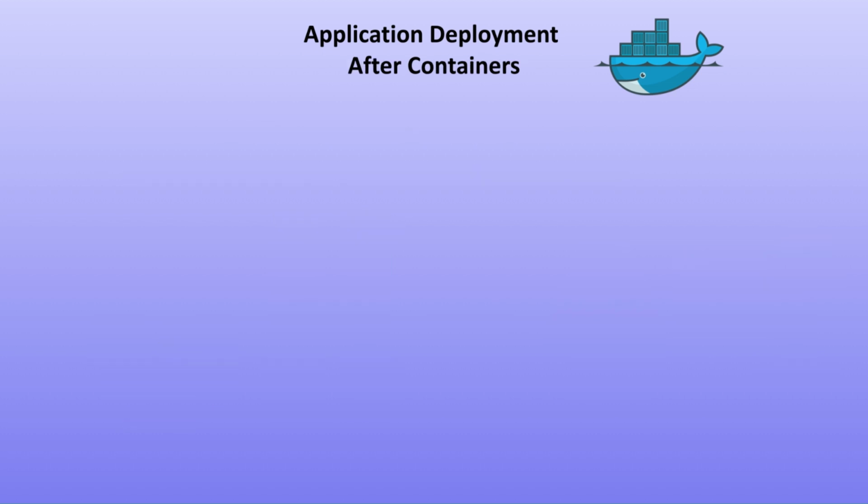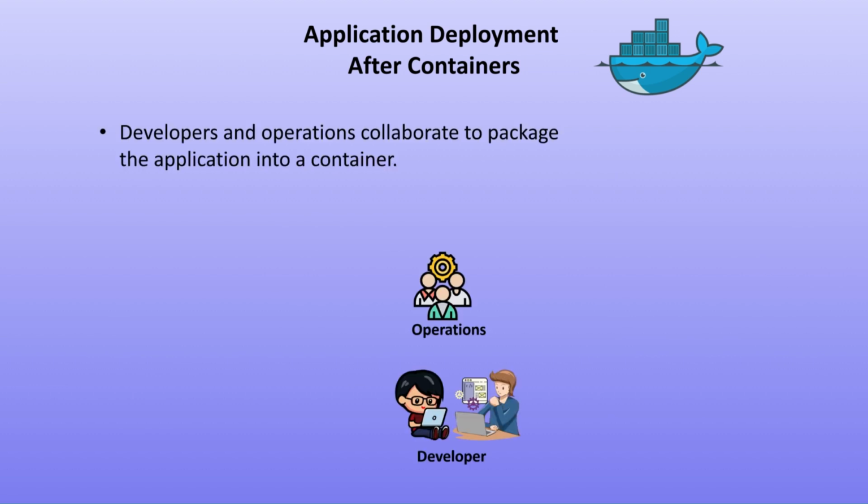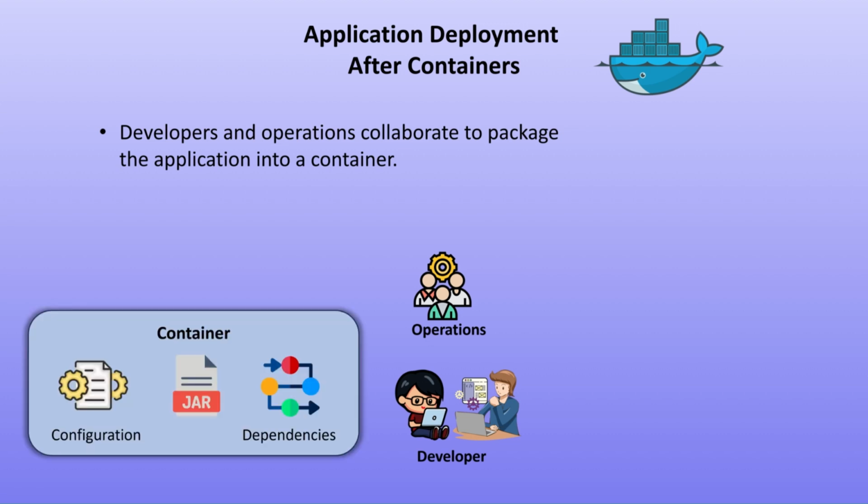Furthermore, containers ensure that the application behaves the same way across various environments, whether it's development, staging, or production. This consistency eliminates the common "works on my machine" issue, where an application might function differently on developers' local machines compared to the production environment.